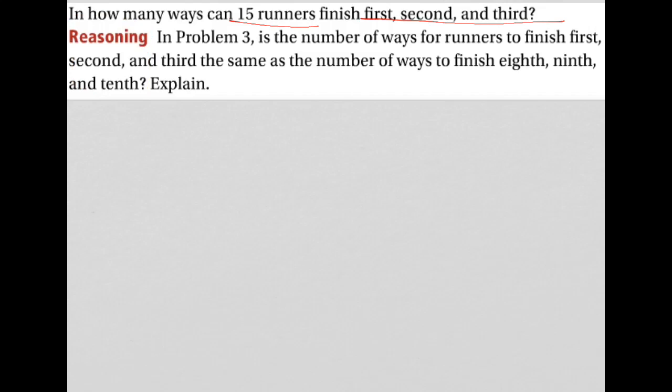Alright, so answering that first question, in how many ways can 15 runners finish first, second, and third? Well, following our logic from before, we're going to have 15 options for first place, 14 options for second place, and 13 options for third place. Using our formula, we are saying 15P3, which is going to give us 15 factorial over 15 minus 3 factorial.